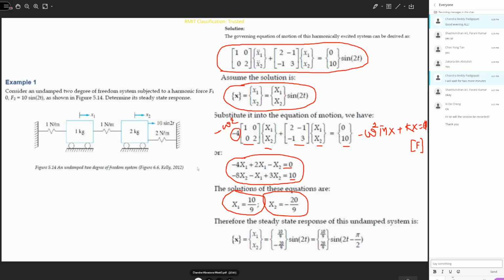The response of the system is shown here at the bottom. The steady response of the system we can write like this. Just substitute x1, x2 values in this equation.